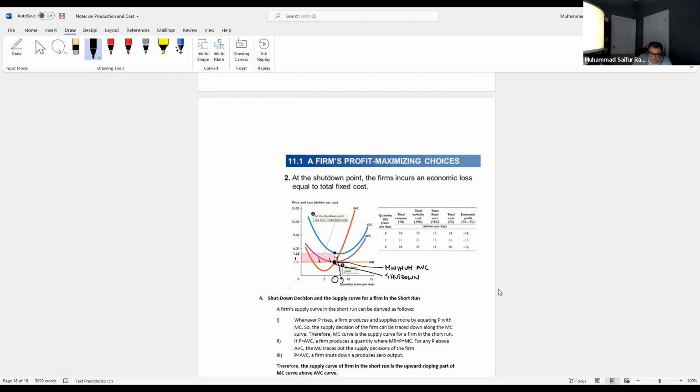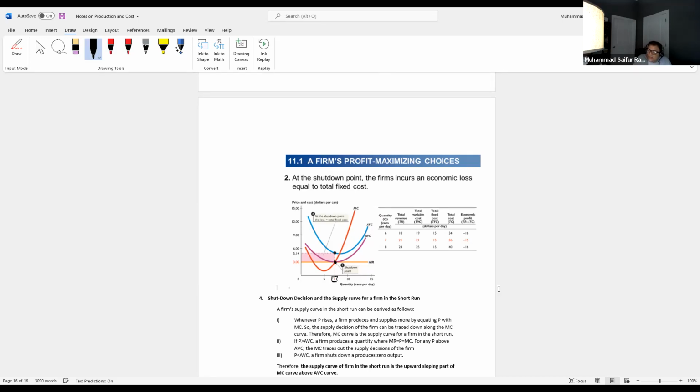Okay, so that takes us to the last part of the discussion, and the last part of the discussion is again going to follow our graph. So when we look at the marginal cost curve, it seems like the point of the marginal cost curve where it intersects the average variable cost is the lowest level of output that our firm will produce.